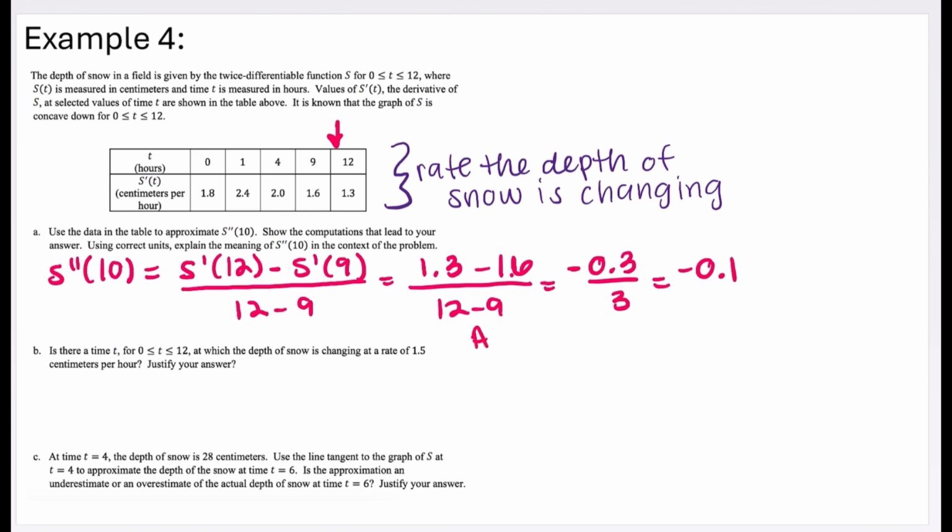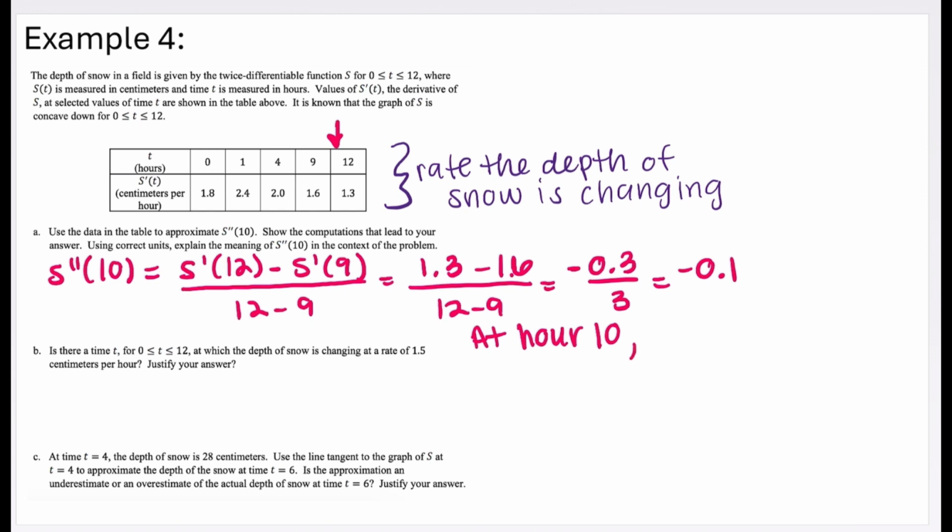So at hour 10, or sometimes I'll say at the end of hour 10, because technically t equals 10 is after hour 10, right before hour 11 starts. So at hour 10 or the end of hour 10, however you want to say it, you'll see it both ways in a lot of problems.